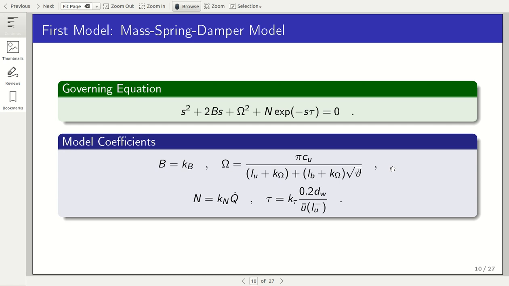The interaction index n is proportional to the heat flux, which is a first order approximation. Tau is proportional to Leithold's law using a proportionality constant k tau. And in B we lump all the damping mechanisms, or possibly thermoacoustically promoting mechanisms.